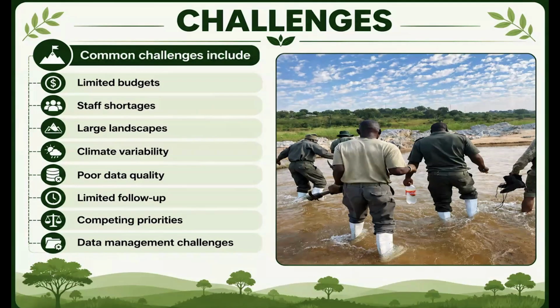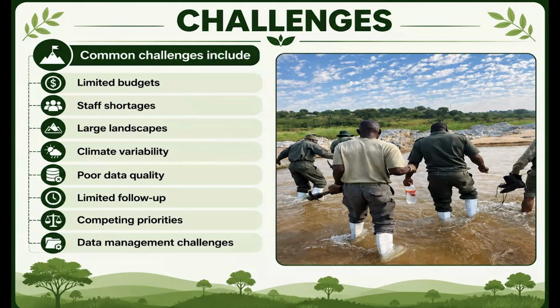So yeah, if we were to be honest, most of us as conservation managers face certain challenges when it comes to monitoring and evaluation, and most of them are actually quite similar. In some instances, these challenges often make some protected area managers see monitoring and evaluation as an impossible process.